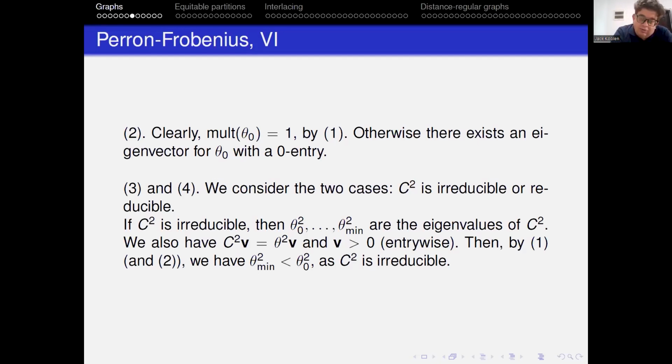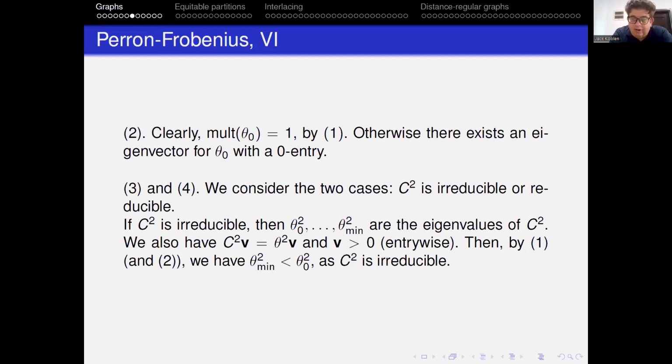So if it's irreducible, then we see that theta 0 squared and so on, and theta min squared are all eigenvalues of C squared. They can be equal to each other, I don't know, but we don't know. We also know that the eigenvector for theta 0 has only positive entries.